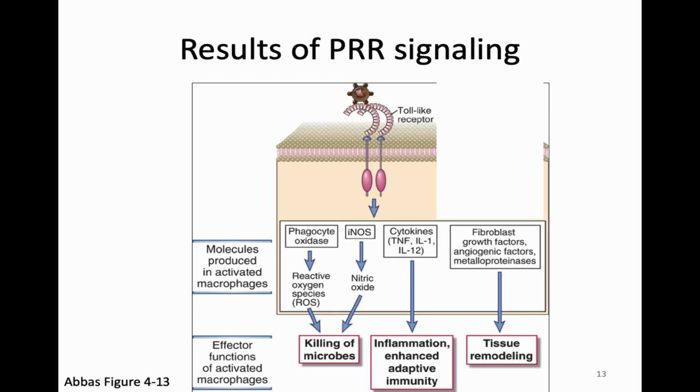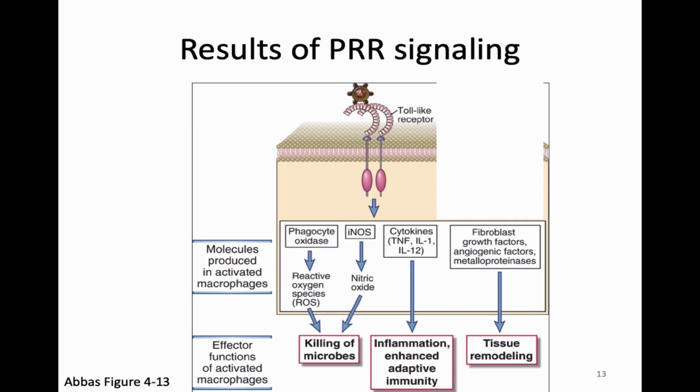In broad strokes, these are the final results of that signaling cascade. One thing that will happen is that we will see signaling from our PRR, and that will lead to enhanced ability for our phagocytic cell to kill the microbe. So the cell will become better at phagocytosis, better able to kill the microbe.